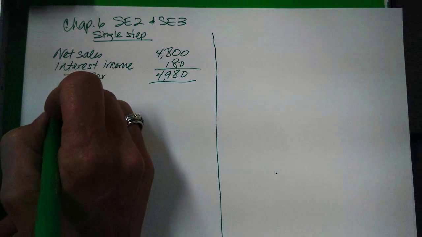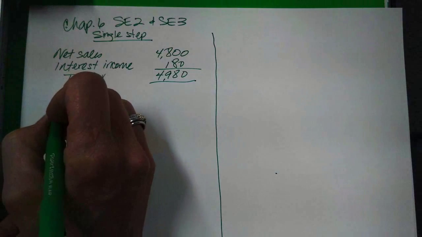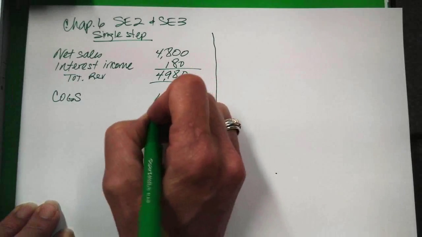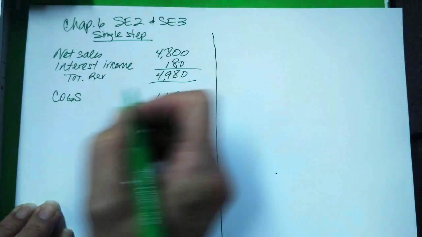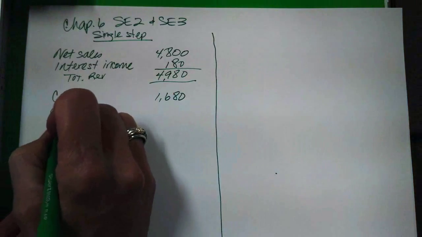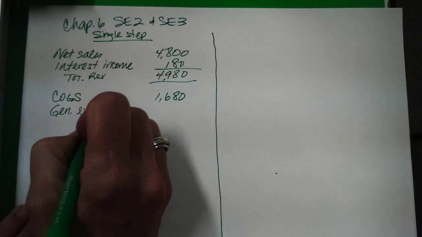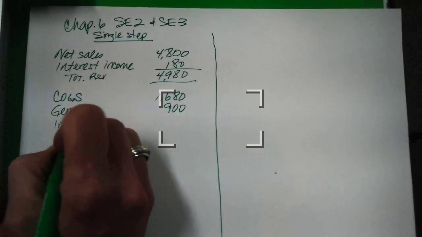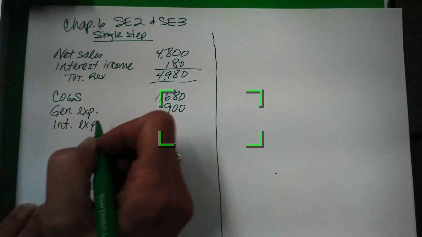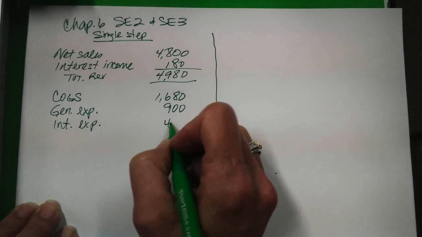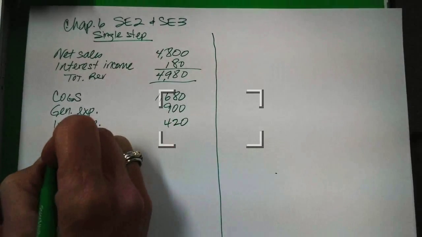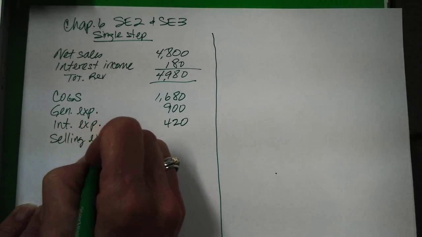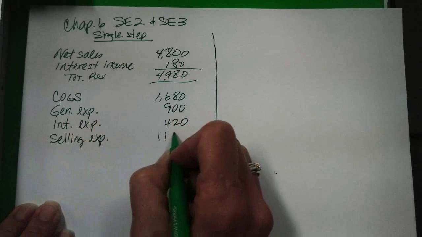Then I've got expenses. I've got cost of goods sold, $1,680. I've got general expense, $900. I've got interest expense, $420. And I've got selling expense, $1,110.